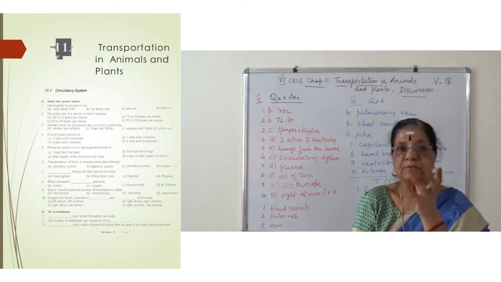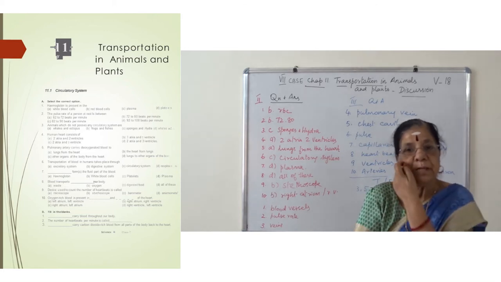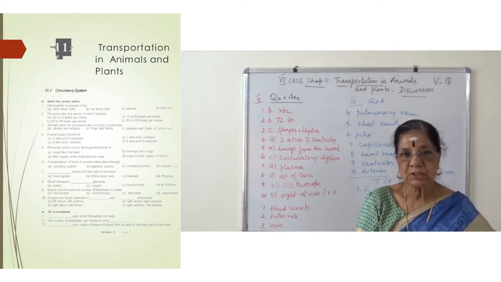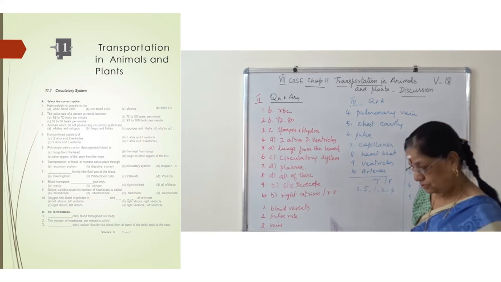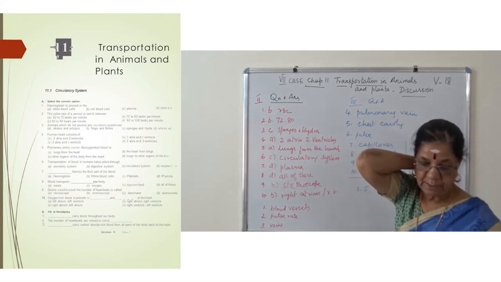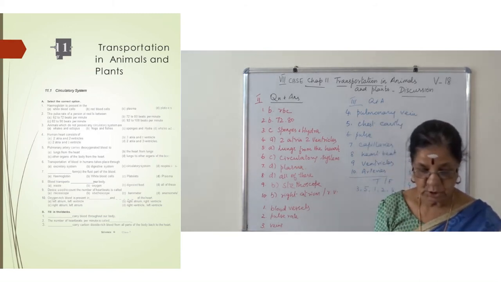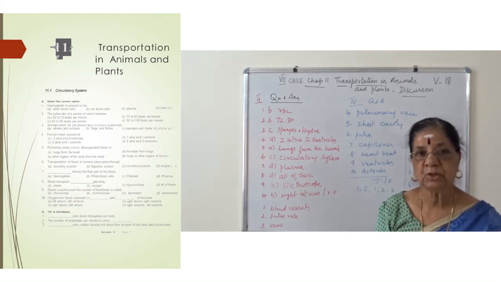The pulmonary vein from the lungs carries oxygenated blood, reaching the left atrium. So the pulmonary artery carries deoxygenated blood to the lungs from the heart.